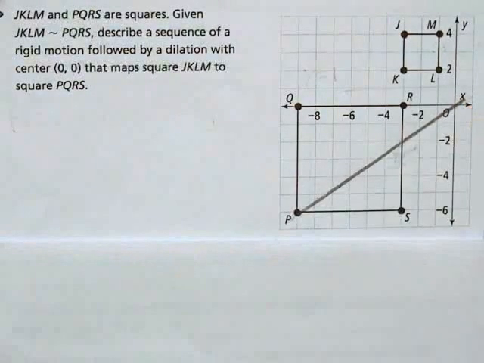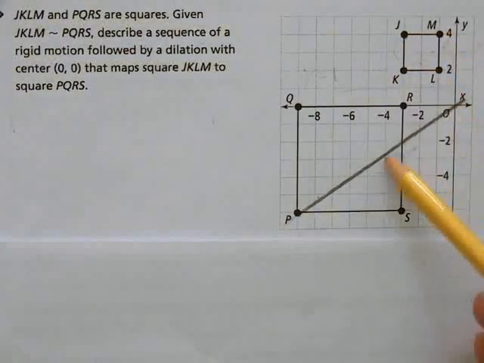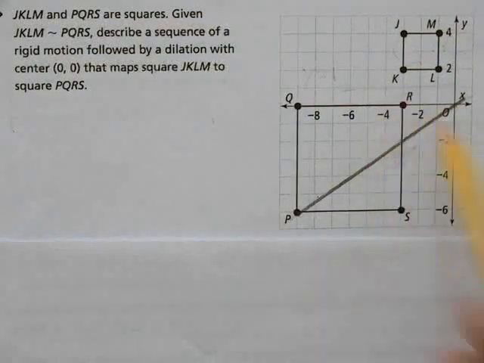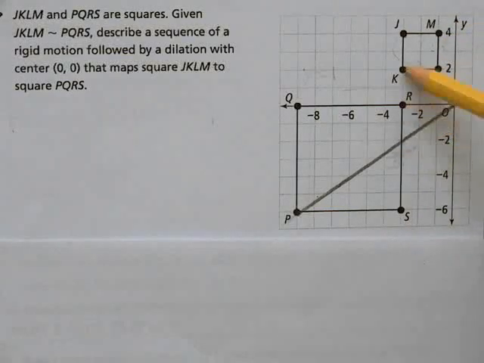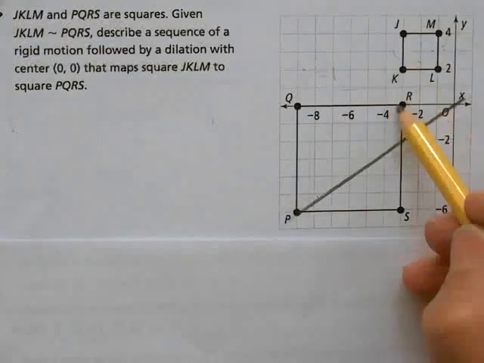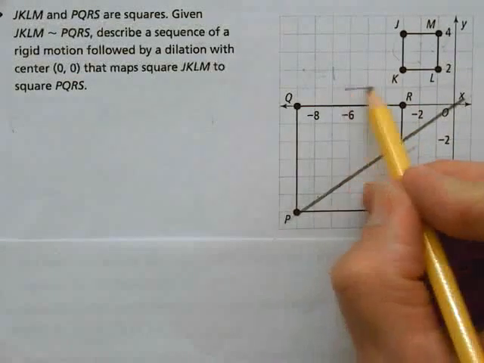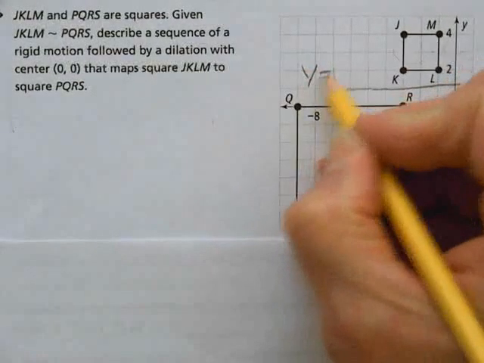All right, I need to get a point on this square, one of these vertices, onto this line. And I notice that there is another line here. I'm thinking that this is going to be a reflection because I can see that the distance between these 2 points, for instance, is 1 from this line, y equals 1.